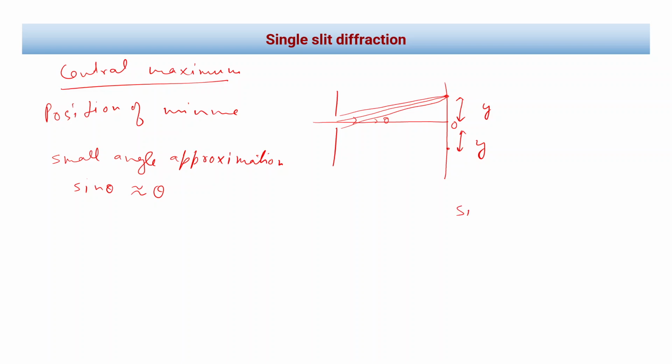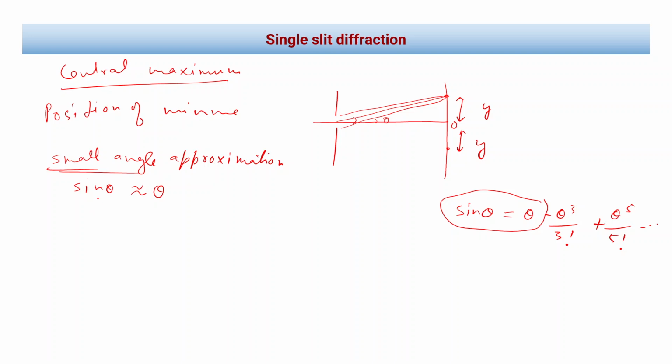Because if you remember, the Taylor expansion of sine theta gives theta minus theta cube by 3 factorial plus theta to the 5 by 5 factorial and so on. So if theta is very small, its cube and higher orders will be even more negligible, so we just consider the first term. That's because the bending is not very high; as I told, we don't see the bending when we have sun rays falling on a building or rock. That means it's a very small thing.